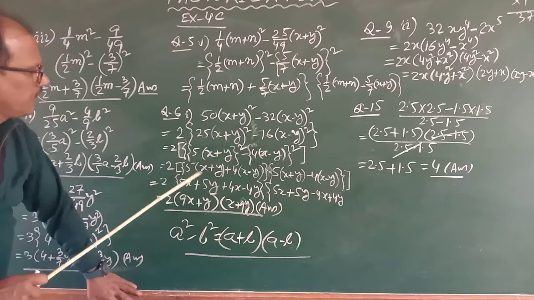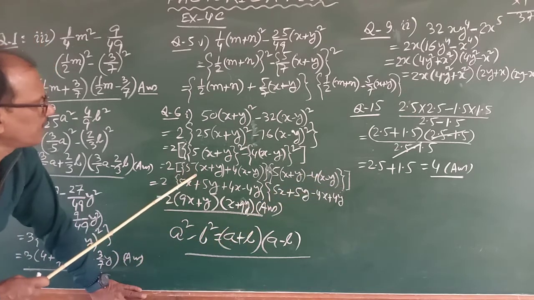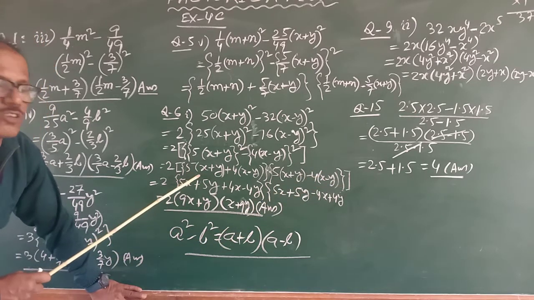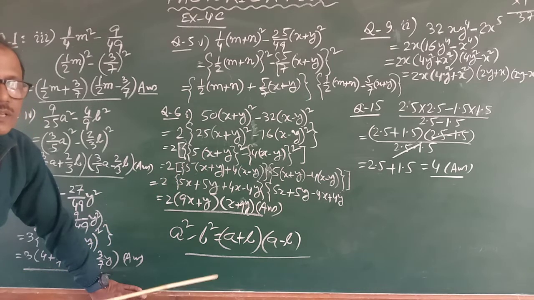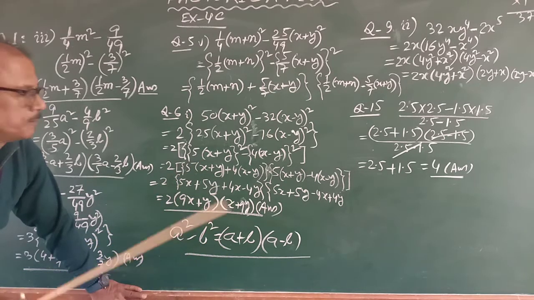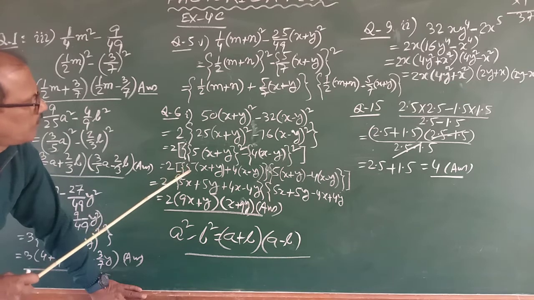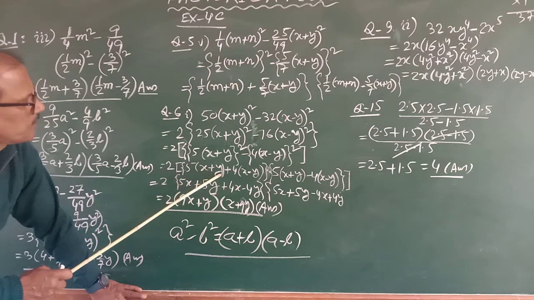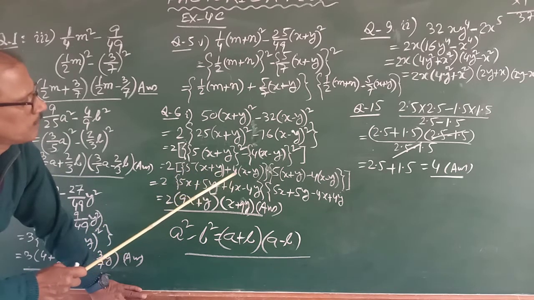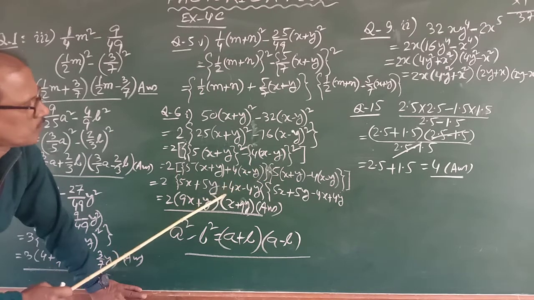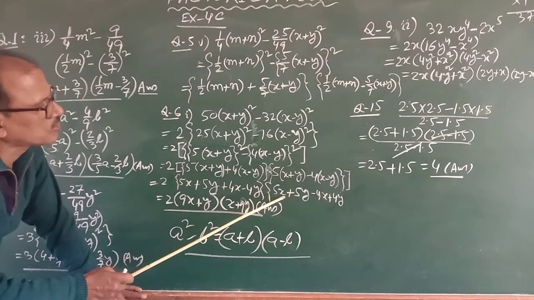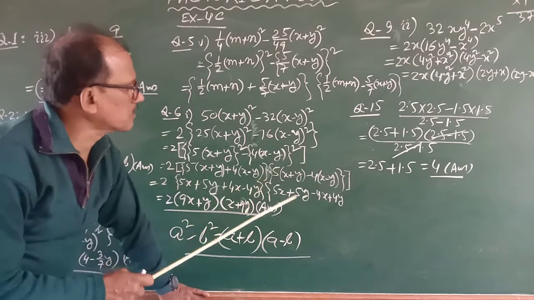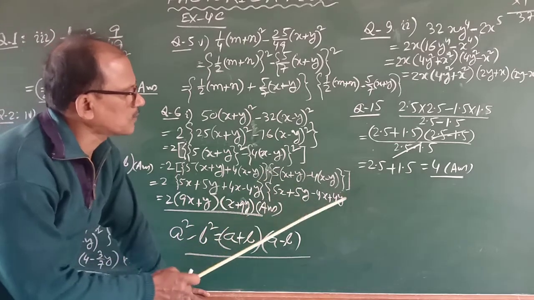If you do it, then you have to simplify it. You can't leave it like that. You have to do the simplification also to find the proper value. So 2 into 5 is multiplied with both, 5x plus 5y, and 4 is multiplied with (x minus y), 4x minus 4y. Then the other side will be 5x plus 5y minus 4x plus 4y.